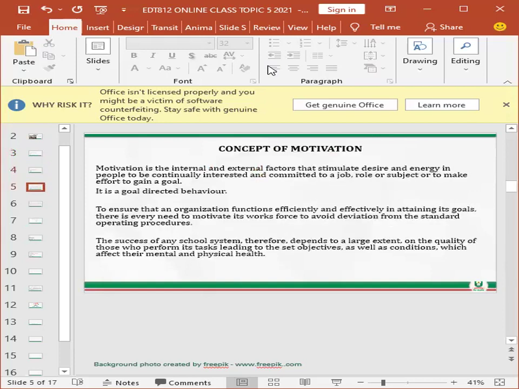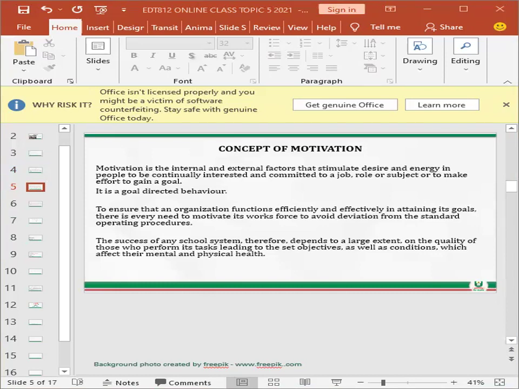The concept of motivation. Motivation is the internal and external factors that stimulate desire and energy in people to be continually interested and committed to a job, role, or subject, or to make efforts to gain a goal.